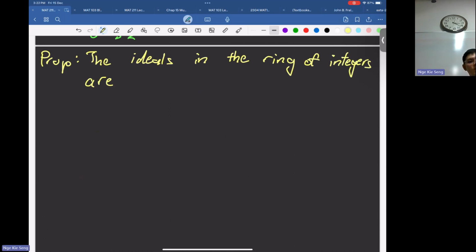Take any number, and then try to generate the ideal. Okay, what do you get? Any idea?